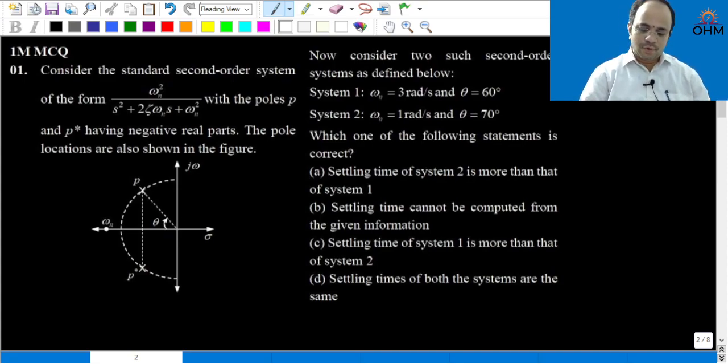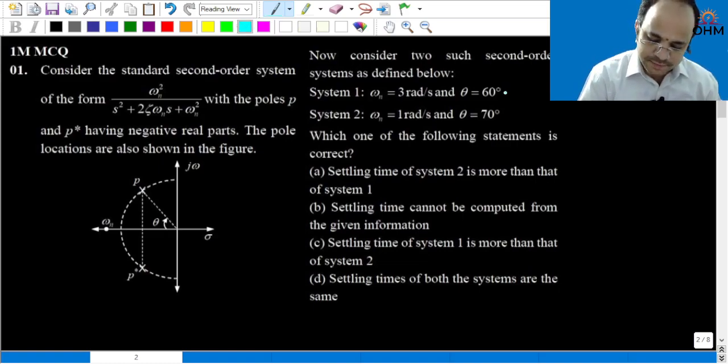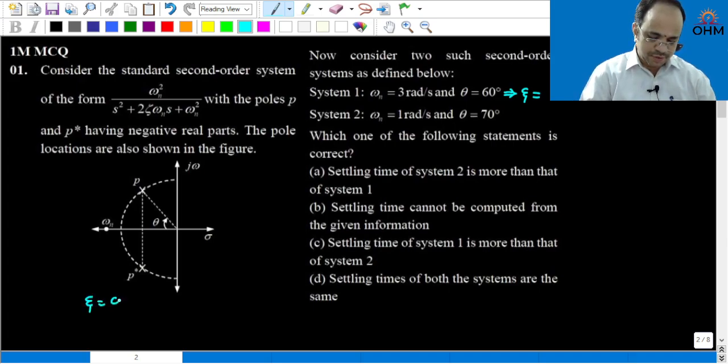By seeing the options, it is asking about the value of the settling times. Therefore, for this system, when theta is given, the damping ratio is equal to cos theta.